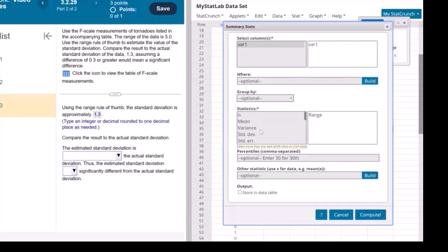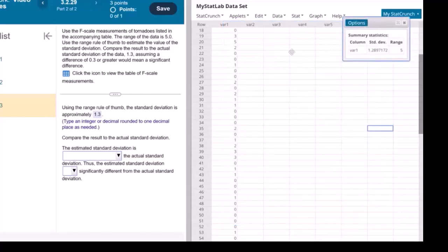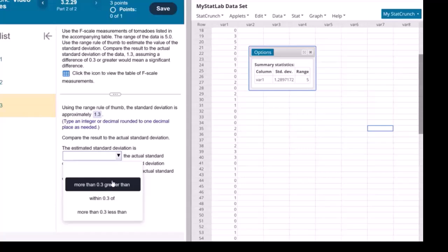Edit. Now they're asking me about the real standard deviation. We can put the standard deviation and the range both together. And then I hit Compute, and now I have both pieces of information. The estimated standard deviation is, well, estimated, if I rounded to 1 decimal place, would be 1.3.